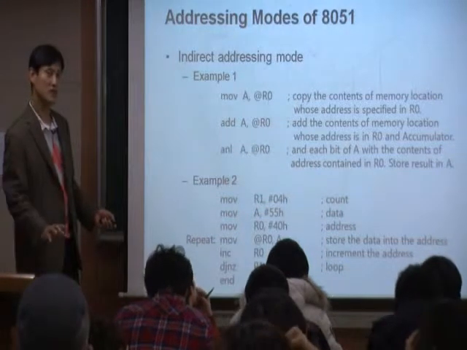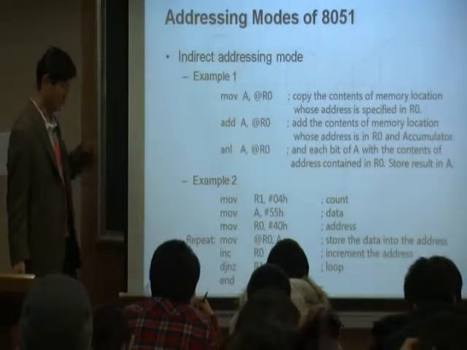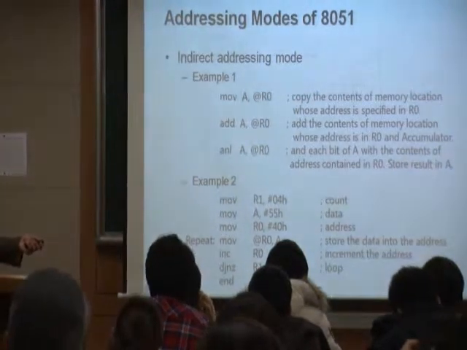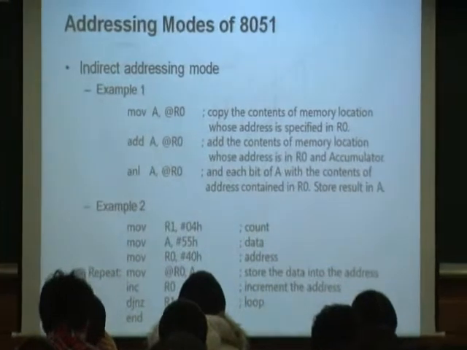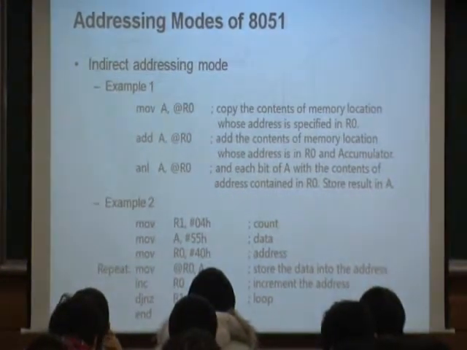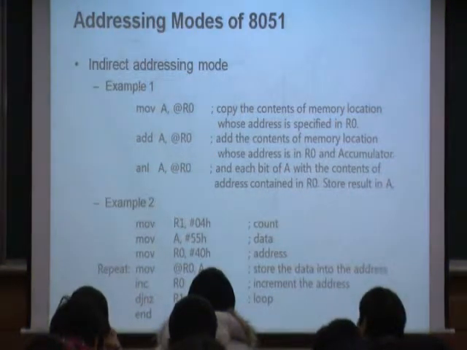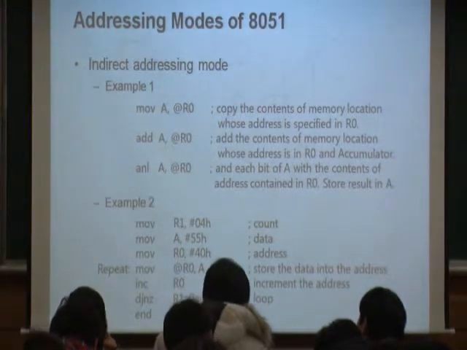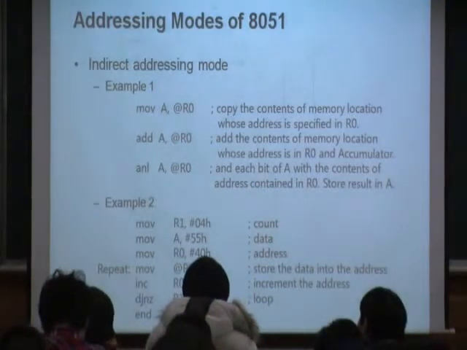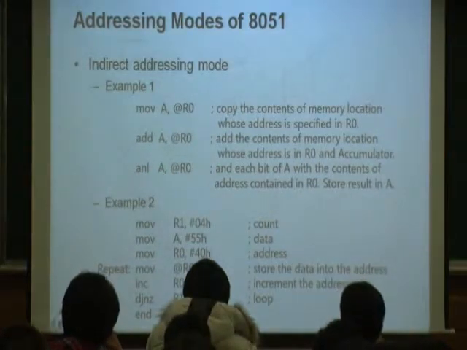The value in R0 is now changed. And that's the destination. So what happened? The value 55 is now copied to 41H. Okay? So you incremented the memory, and you just copy 55, and the next loop, you copy 55 into the next address, something like this, right? That's what's happening in this example. Okay?